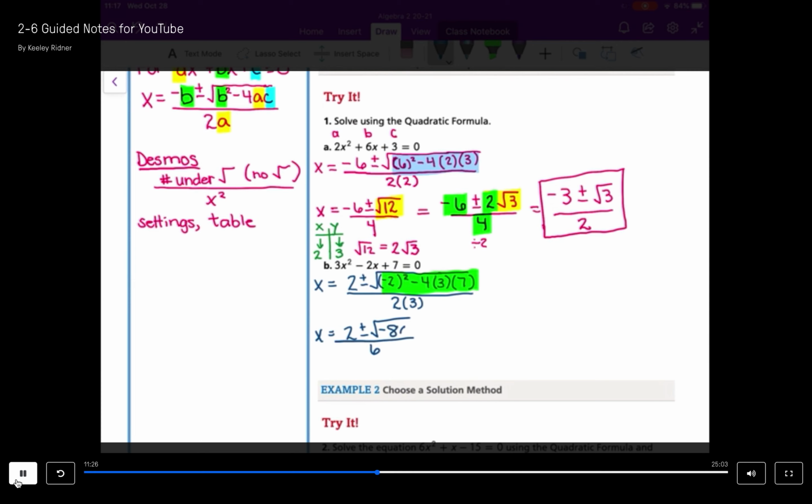And this, my friends, is where the imaginary number comes into play. If I have a negative under the square root, I automatically know that it's going to come out as i in front of that radical symbol. So notice where I placed it. That is important. Negative under the square root means i.